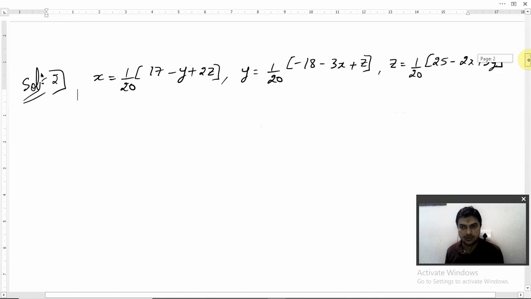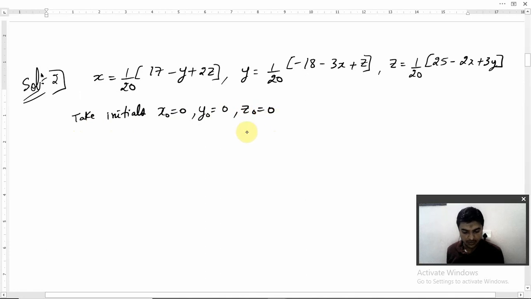Okay, so first you have to choose these equations. Then whenever you start with Gauss-Seidel, first take the initials. I'm going to choose the initials as x naught is equal to 0, y naught is equal to 0 and z naught is equal to 0.